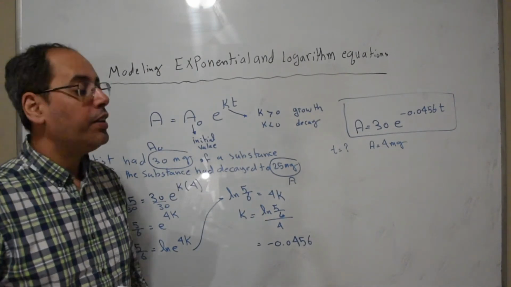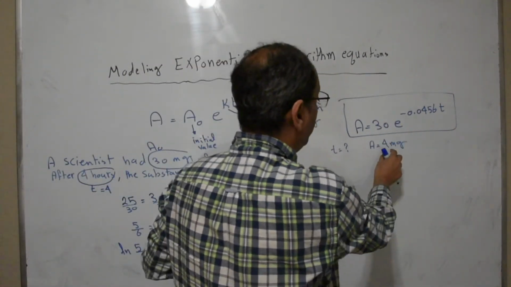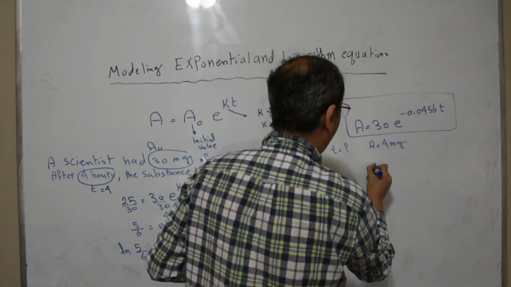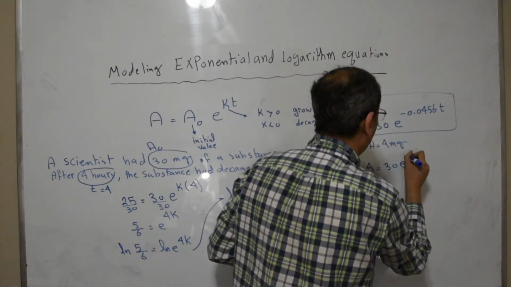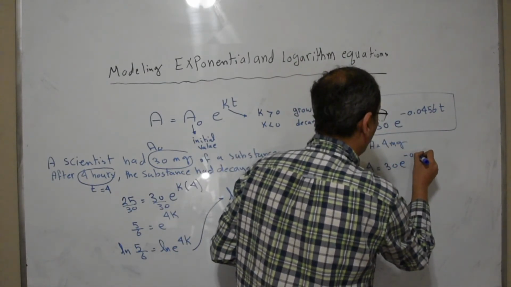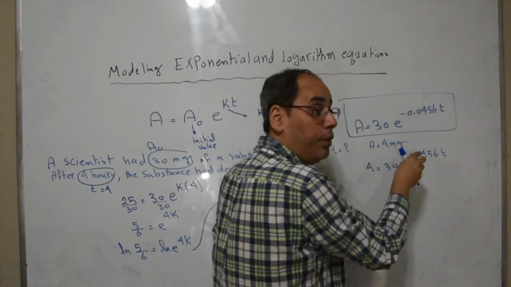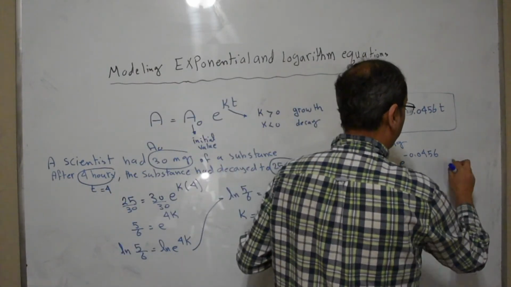Is that clear? So now, let's think about that. I'm going to write my model down, but I'm going to write A is 4. So I have 4 equals 30 times e to the negative 0.0456 t. I don't know t. That means how long? I need t.